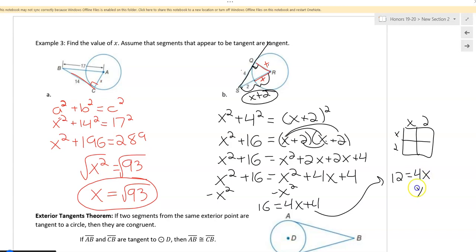Divide by 4, x equals 3. So those are a little bit longer with having to have an x squared on both sides. So be careful that if you see something that looks like this, you are foiling it.